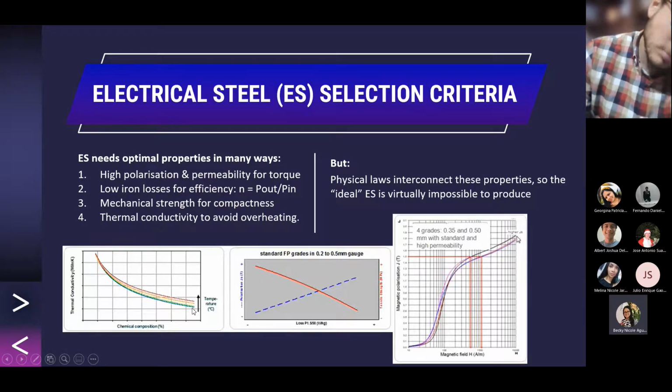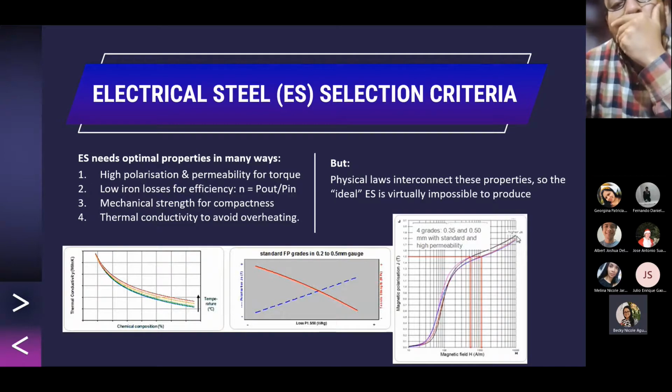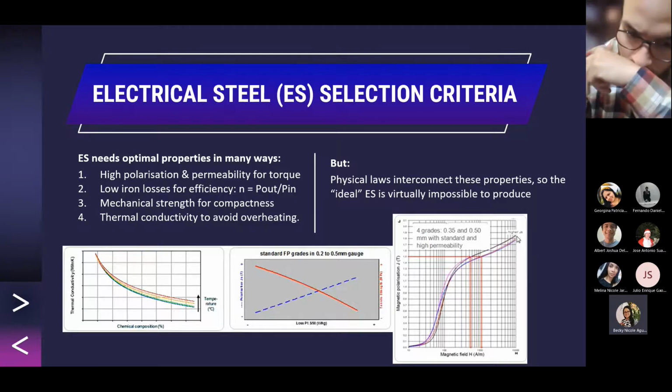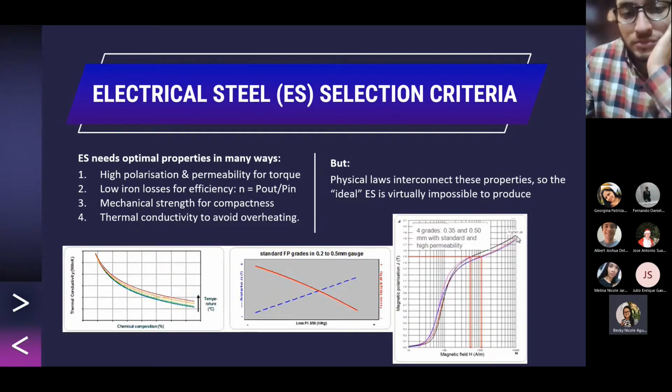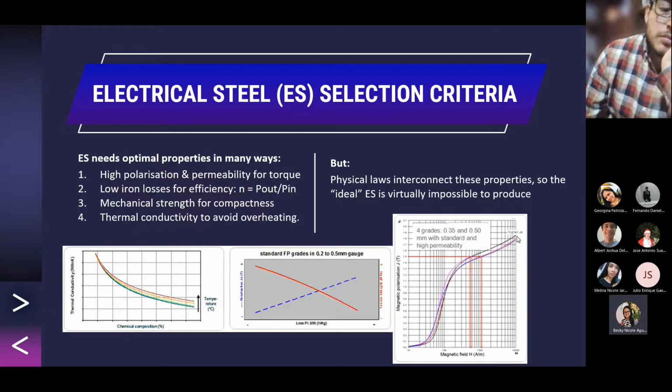So, summarizing, reducing loss needs to be observed very carefully. It is not simple to put in more alloying elements because that has an impact on the saturation polarization, which is not positive. It can increase the resistance, which is good if you have a high-speed rotor.